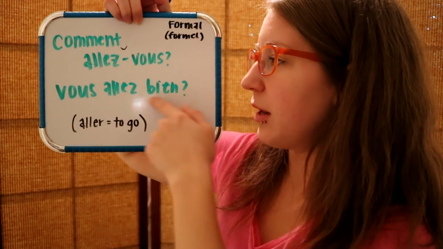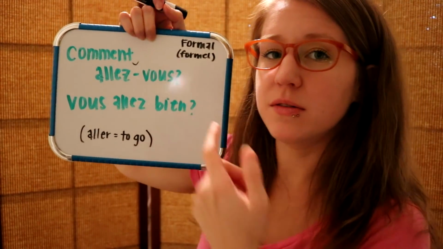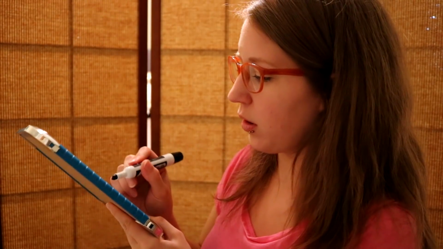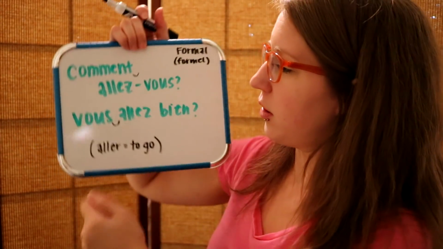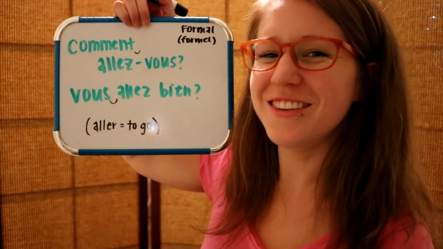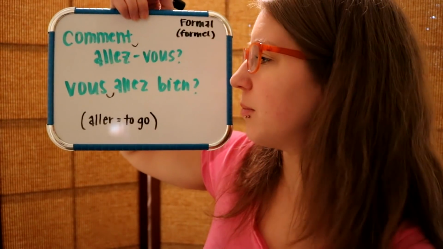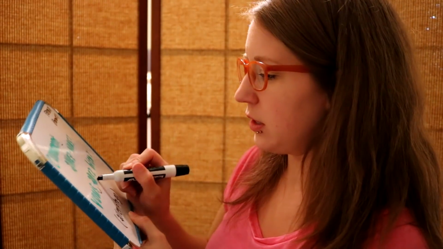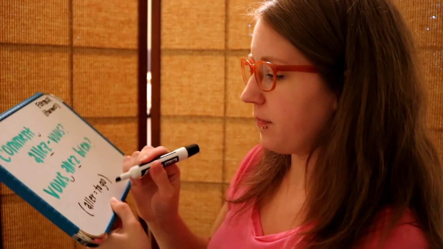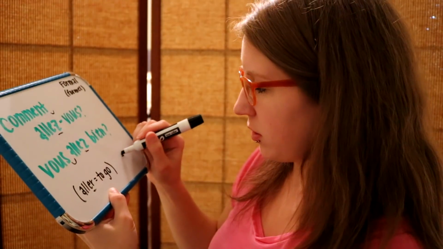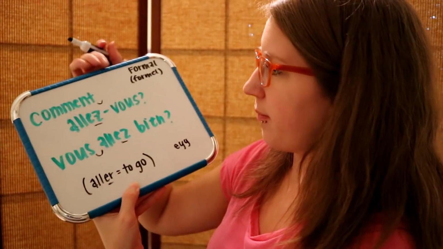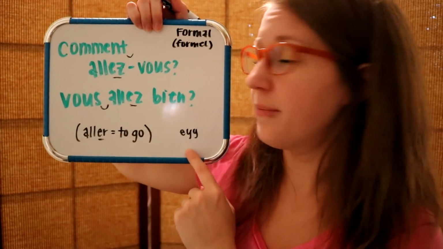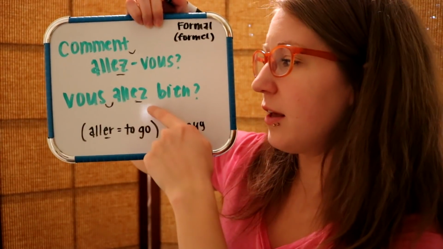Vous allez bien. Bien is a word for good. And again, we're going to loop these into each other. Vous allez bien. Remember that EZ and ER are both noises that sound like A. Vous allez bien.